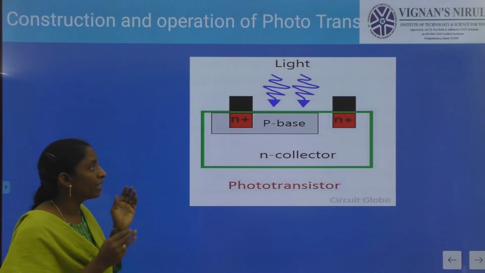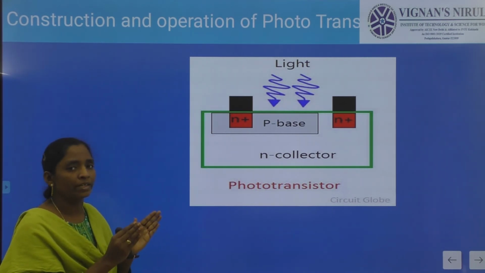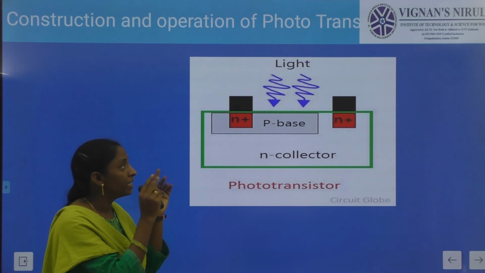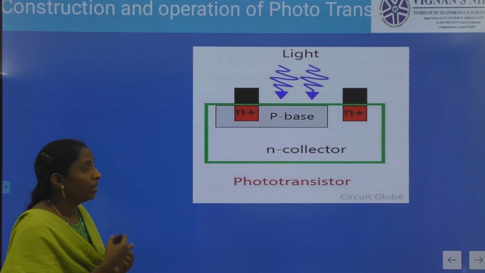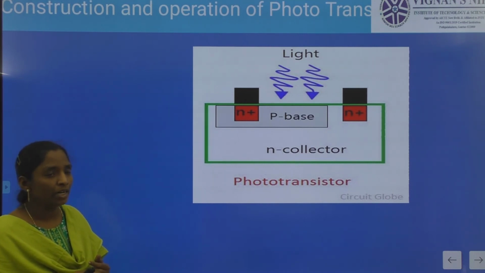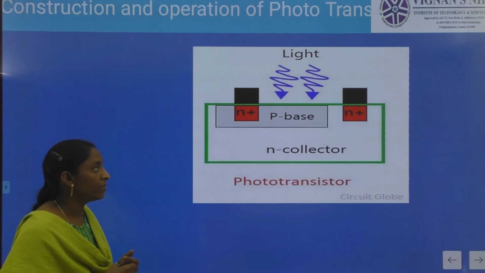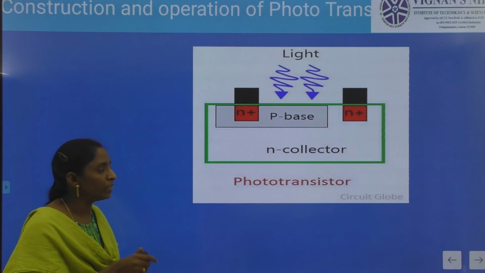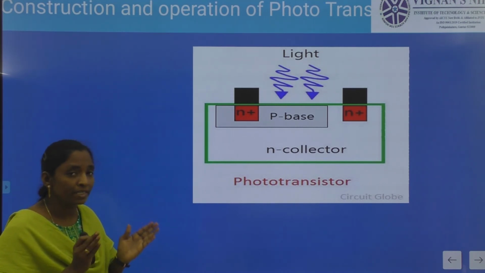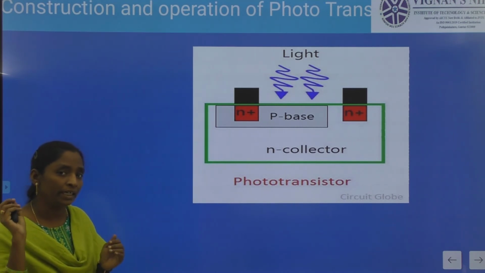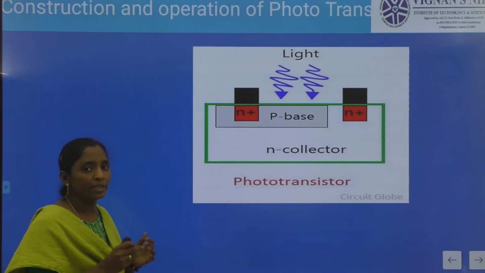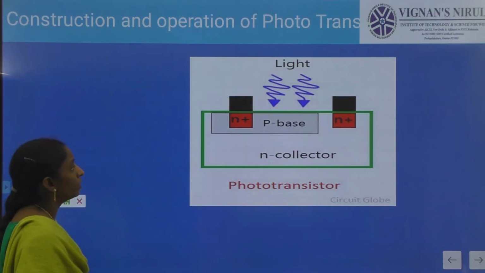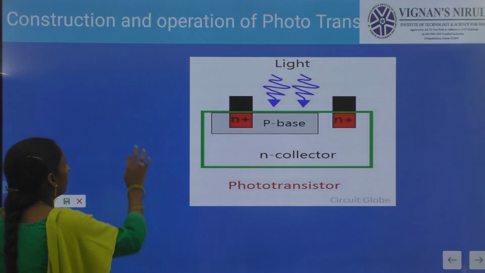So we are keeping a lens at the base to let the light fall. The light falls on the base region, so that's why we keep the base open. We are not connecting any voltage to the base of the phototransistor. It is open.